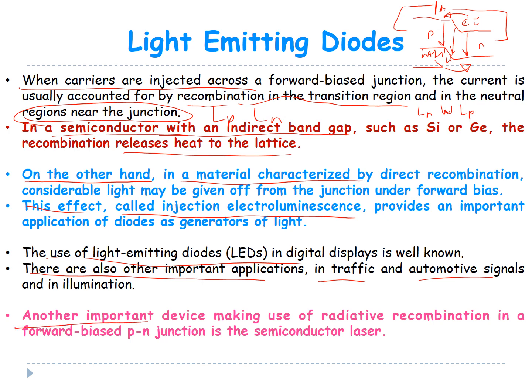Another important device making use of radiative recombination in a forward biased p-n junction is the semiconductor laser. This can be done in heavily doped p-n junctions, where you can get spontaneous recombinations that can be exploited in making lasers. We are not going to look at this in detail in this course.